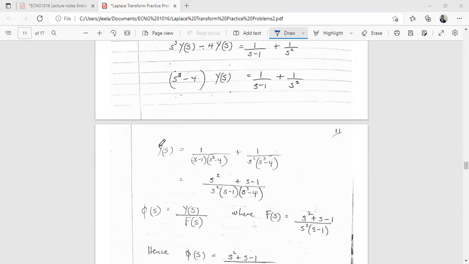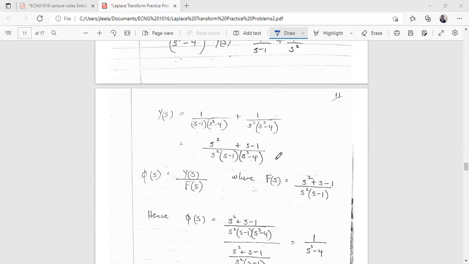So therefore, you divide the right-hand side by s cubed minus 4. You have 1 over s minus 1 into s cubed minus 4, plus 1 over s squared into s cubed minus 4.